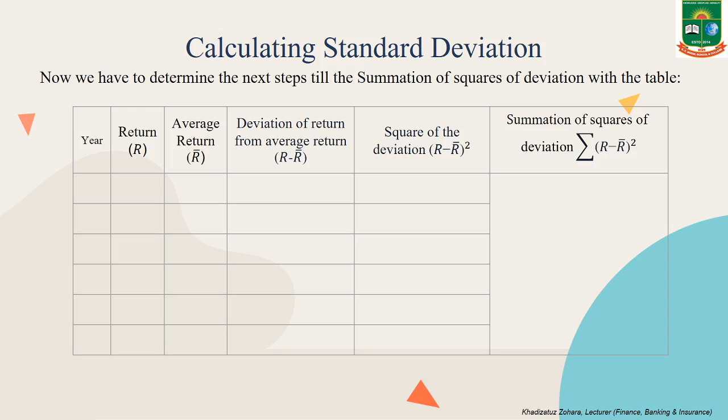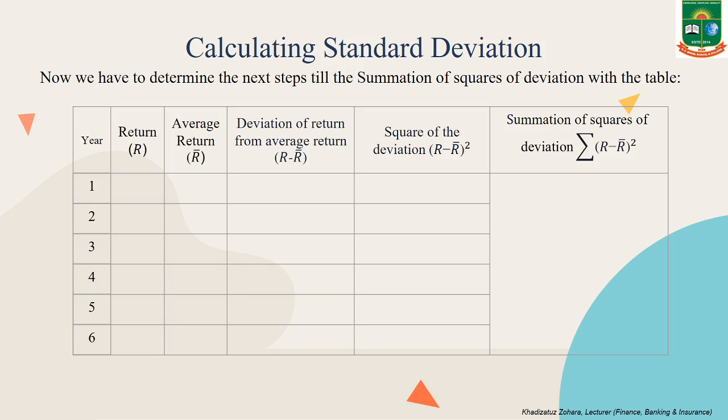Now we have to determine the next step, still the summation of squares of deviation. That means we have to determine step 2 to step 4 with this table. At first we have to fill up the box of year by 1, 2, 3, 4, 5 and 6.